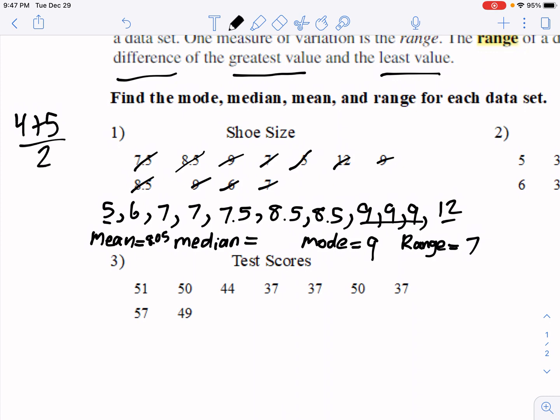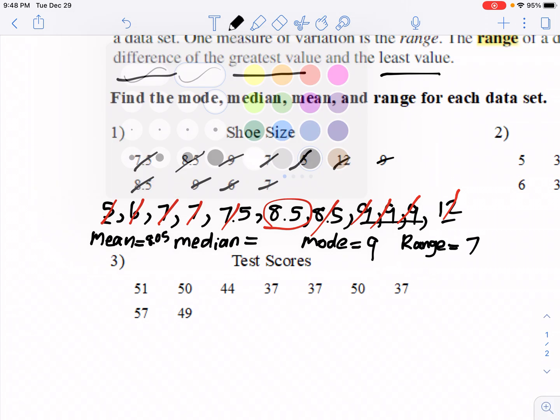So if you have two middle numbers, you got to average them. If you only have one, then that's the median. So in this case, one of the ways we could approach this is just cross off both ends until you get to the middle, and whatever you find in the middle, that's the one you want. So our median here is 8.5.